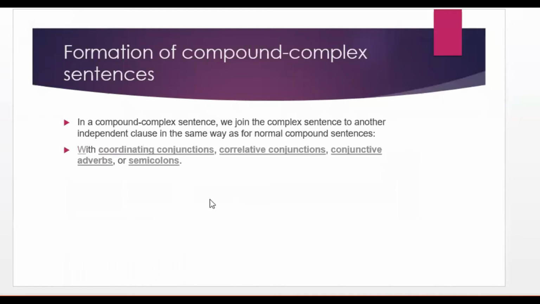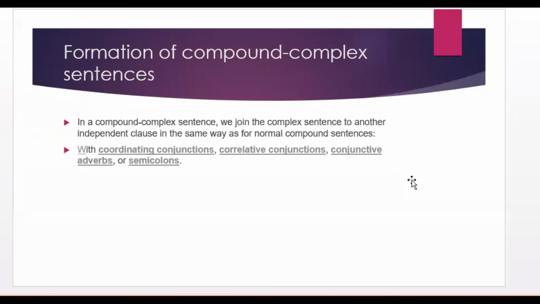Good. So now we look at the formation of compound complex sentences, and this is basically how it is formed, how it is structured. In a compound complex sentence, we join the complex sentence to another independent clause. I'm going to say that again. We join the complex sentence to another independent clause.